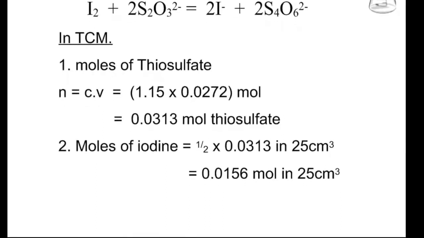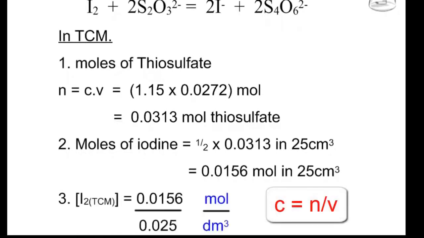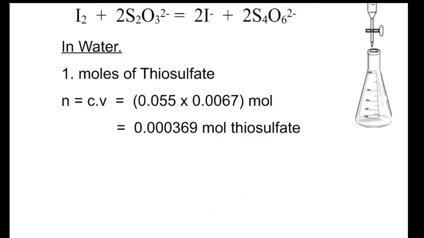The number of moles of iodine, again according to the balanced equation there at the top, will be half as many moles, so 0.0156 moles of iodine in that 25 cubic centimeters. And the third typical step then is to work out the concentration of the iodine by rearranging n equals CV to get C equals n over V, put in the number of moles and the volume in dm cubed, and there's the answer, 0.626 mole per cubic decimeter.